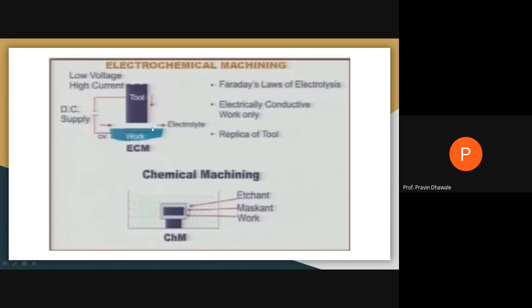This electrochemical machining process is like an electrolysis process, based on Faraday's laws of electrolysis.